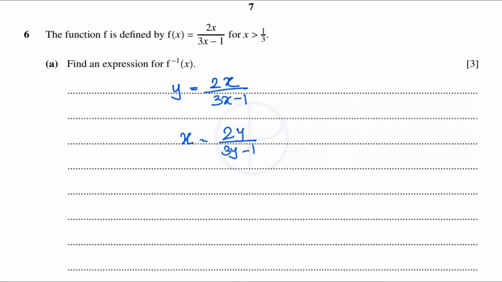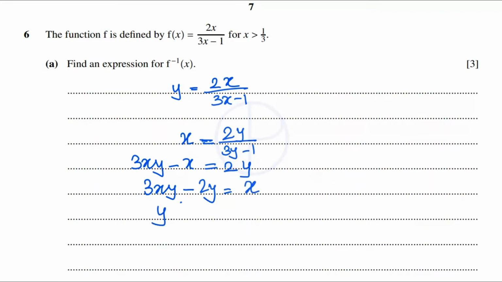Now cross multiply, 3xy minus x equal to 2y. Now bring all the y terms to one side. So we get 3xy minus 2y equal to, let's bring this x term to the right hand side, x.